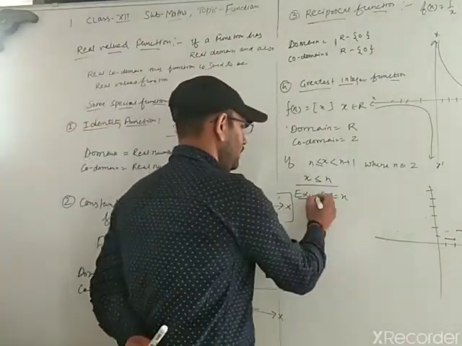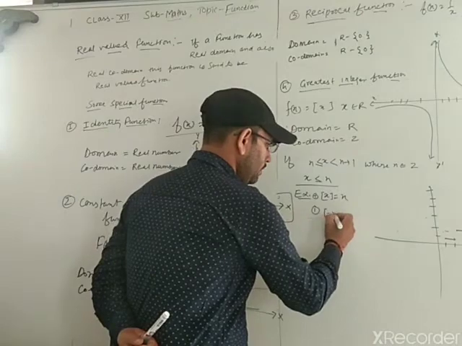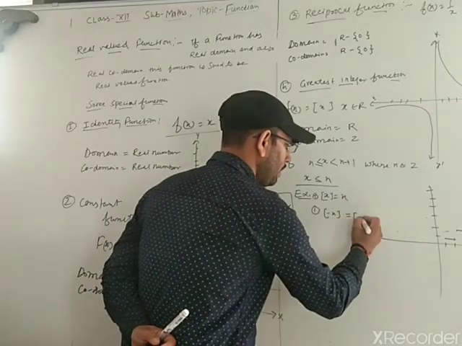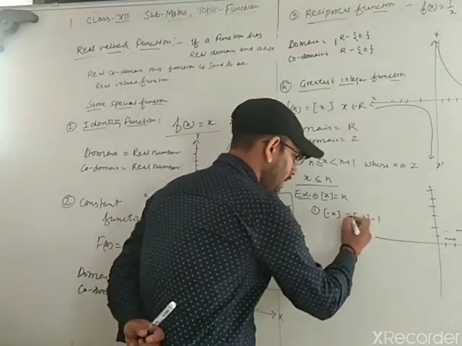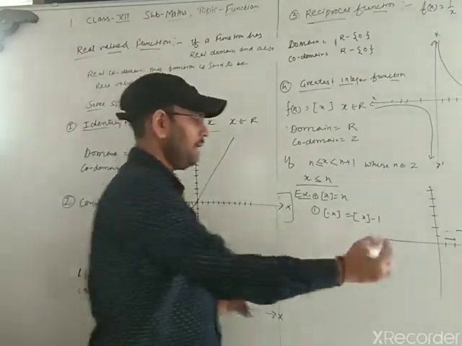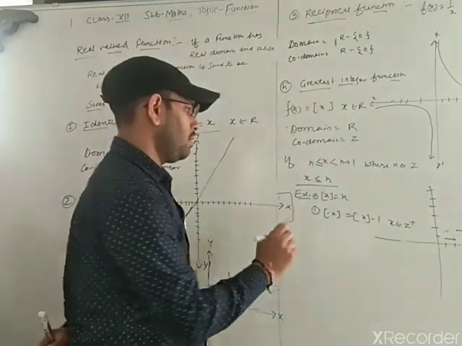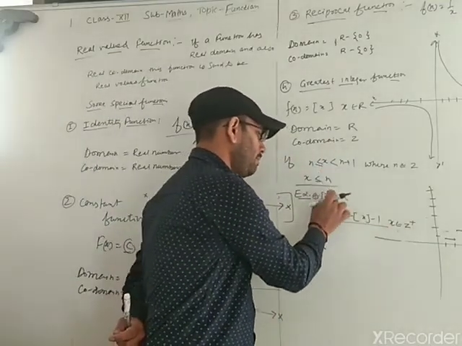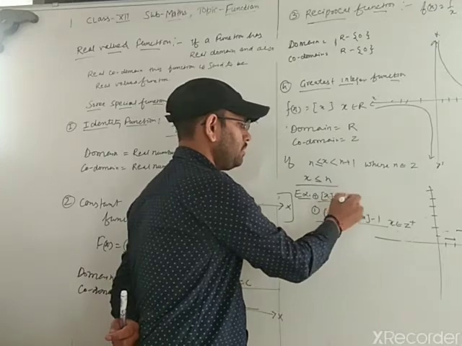Second, if you have a negative integer inside a square bracket, remember that your result is minus x minus 1, where x belongs to positive integers. Again, if you have any integer inside the bracket, you will get the result n. Clear?